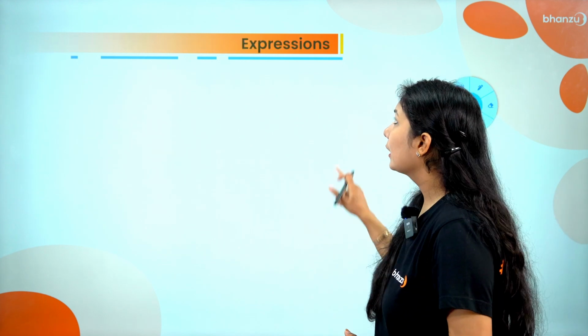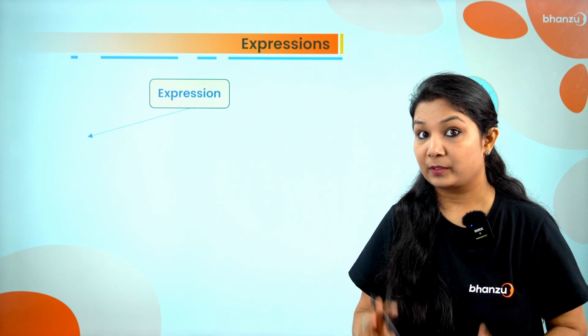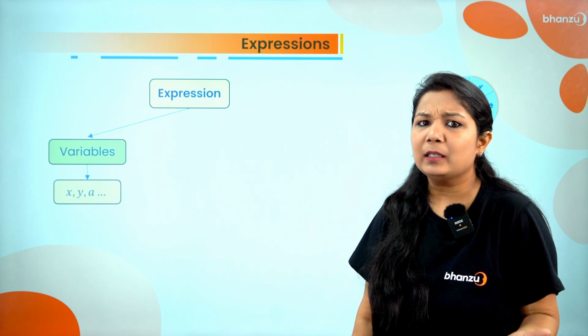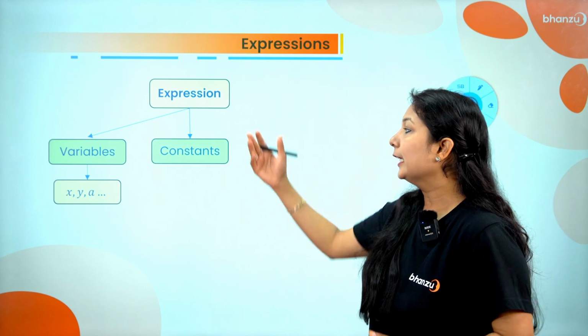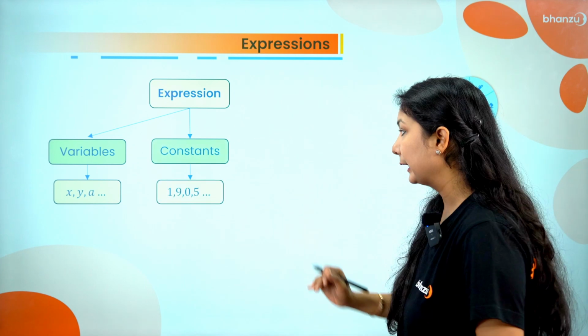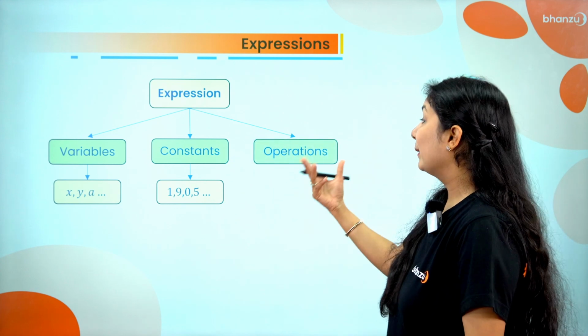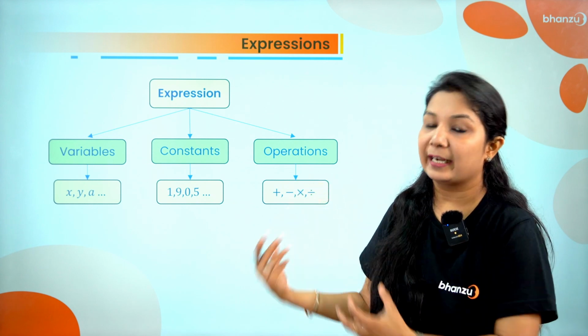So now what are expressions? Expressions are made up of three different concepts. The first one being variables, which are any alphabets like A, B, C. Then constants, which are fixed values like the numbers 1, 9, 0, 5, 21 and so on. And mathematical operations, which are plus, minus, multiply and divide.